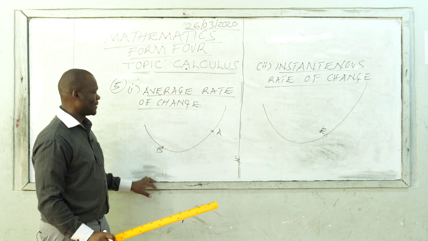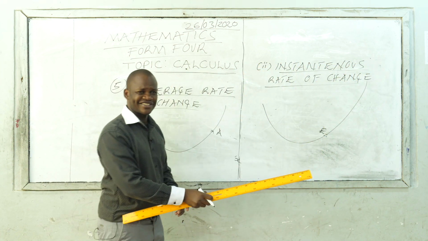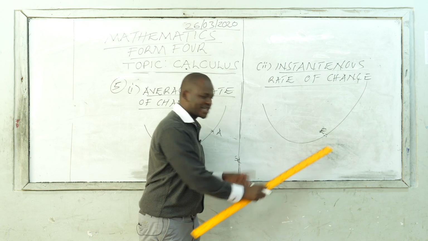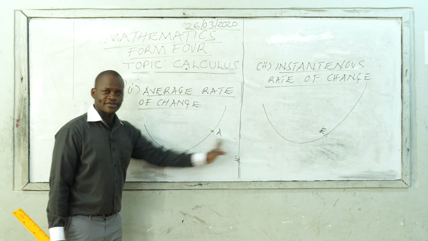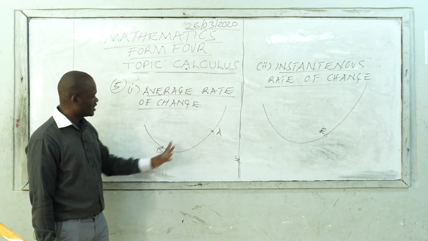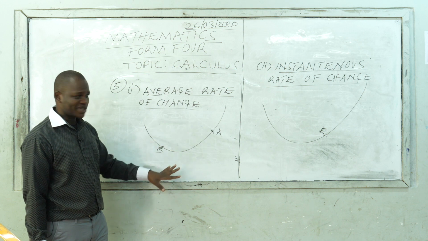The difference is this. For instantaneous rate of change, the focus is on a particular point, a single point on the curve. What about average rate of change? The focus is on 2 points, of course, on a particular curve.